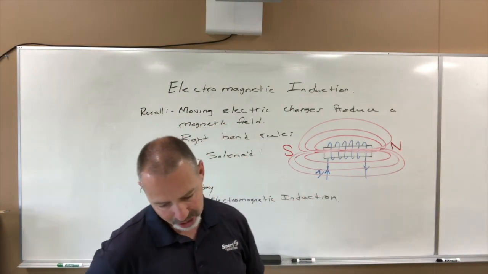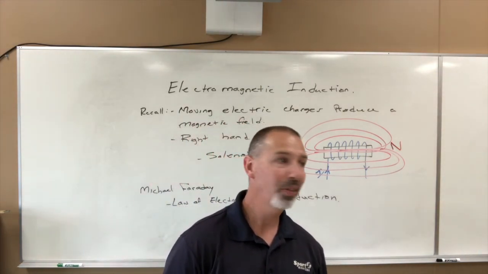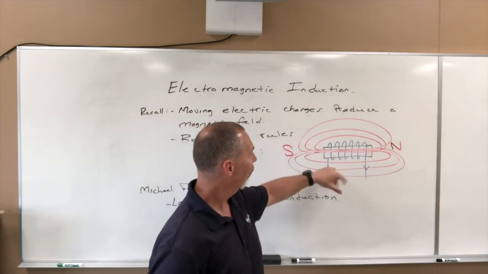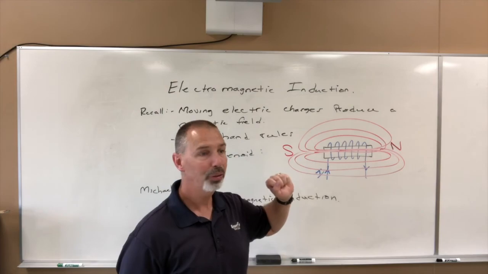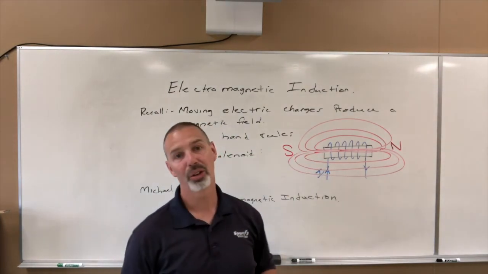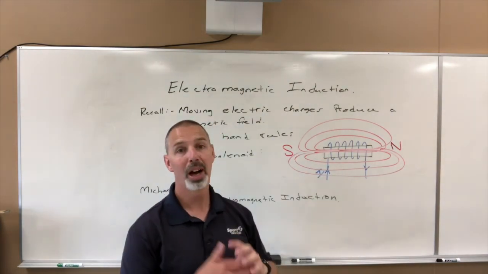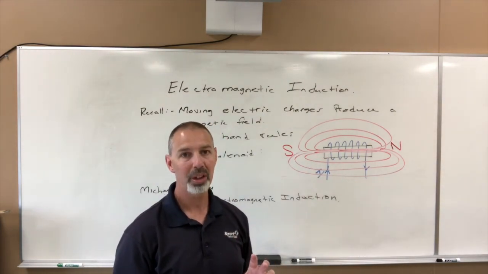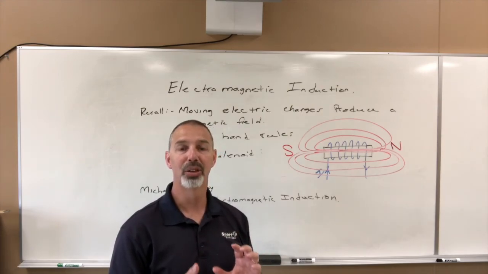And then he also did some experiments where he would have a solenoid, a wire wrapped around an iron core, and then he would bring a powerful magnet and touch the iron core. If he did that, then this iron core would become magnetized. And he found that while it was becoming magnetized, he could induce current.